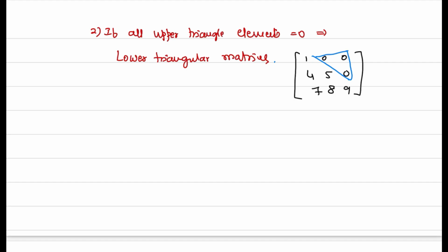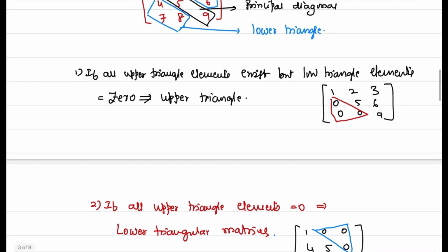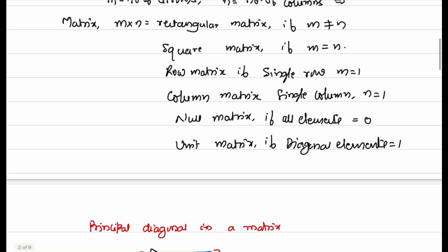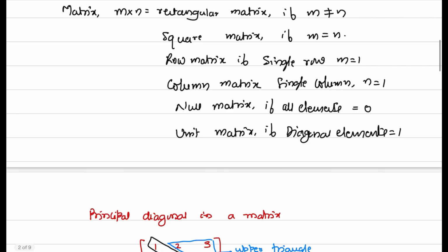Now, what we did till now: rectangular matrix if m is not equal to n, square matrix if m is equal to n, row matrix if a single row is present, that is m is equal to 1, column matrix if a single column is present, that is n is equal to 1, and null matrix if all the elements in the matrix are 0. Unit matrix if diagonal elements are 1 and other elements are 0.